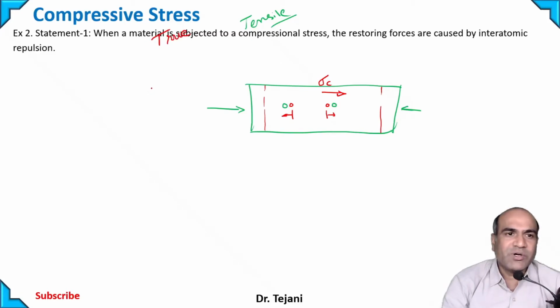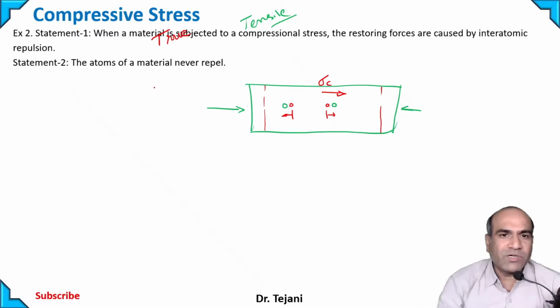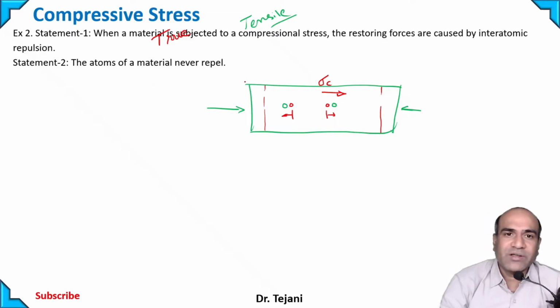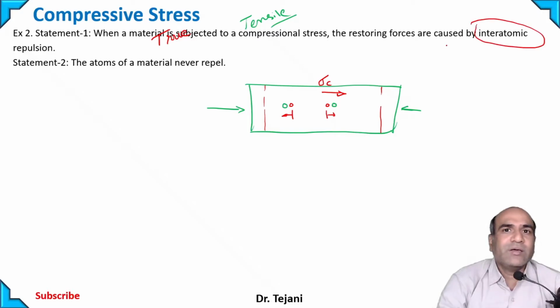Let's see statement number two. The atoms of a material never repel. See, repel means returning. It's an intermolecular repulsion. We have seen in the first case itself, it has repulsion, it has returning, it has reaction.